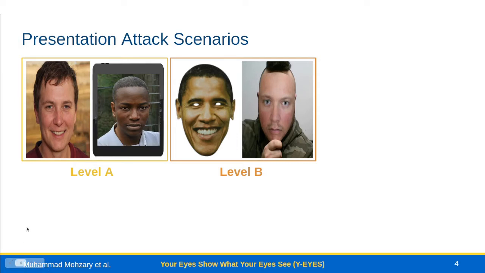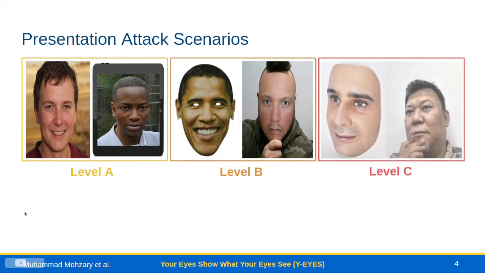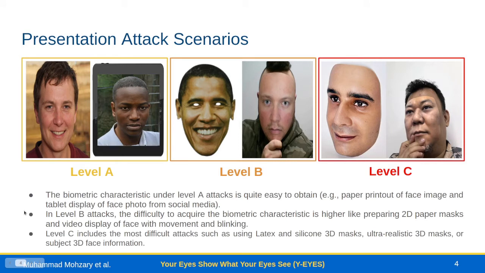As you can see, level A and B are easy to generate and present to the sensor without enough knowledge about the operational details of the facial recognition authentication system. However, level C attacks, including 3D silicon and realistic masks and a 3D face model using VR, are very difficult.